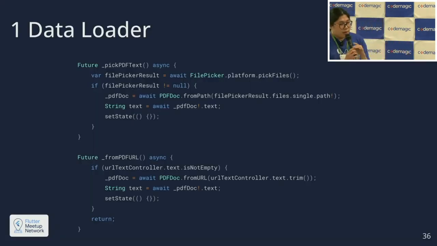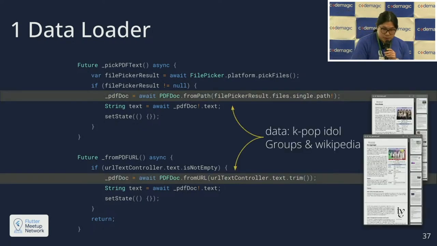Here are the asynchronous methods pickPDFText and fromPDFURL. pickPDFText gets a PDF file from the device, while the fromPDFURL method gets a PDF file based on the URL.